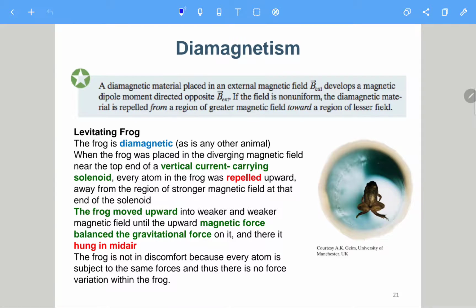Next we talk about the three types of magnetism. The first type is called diamagnetism. In Chinese this is called 逆磁性.